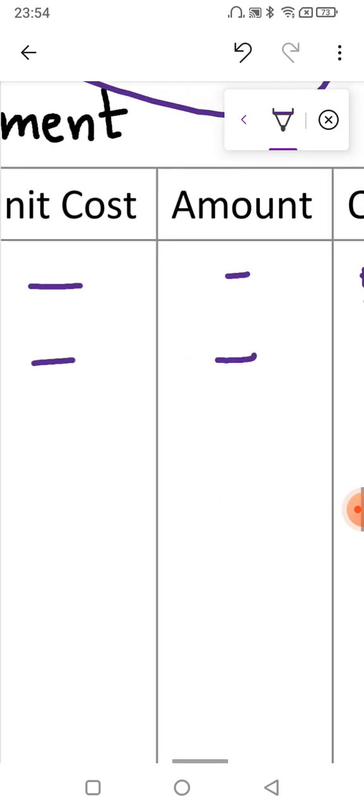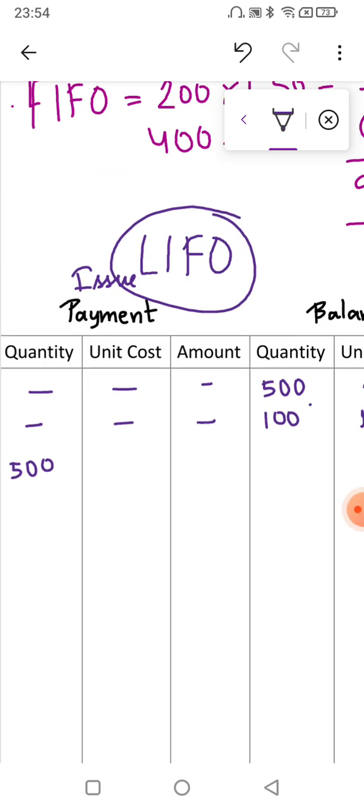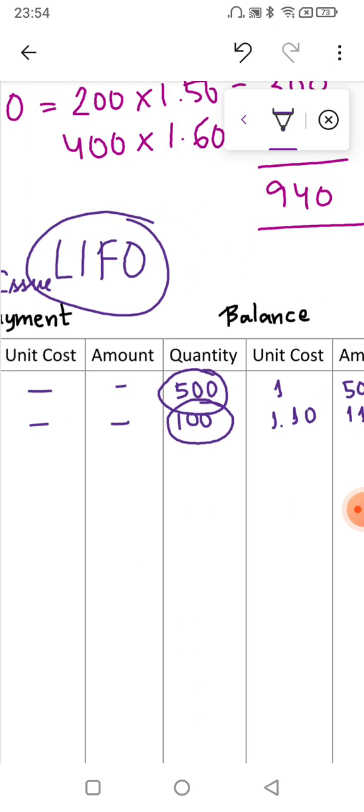Issue was of 500 units. Now we are following last in, first out, which means we are going to first take these 500 units from the latest one, that is this 100 will be taken first, and then we will move to the previous lot of 500 at one rupee unit cost.